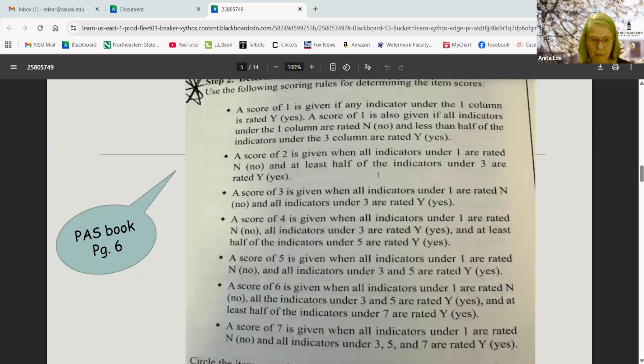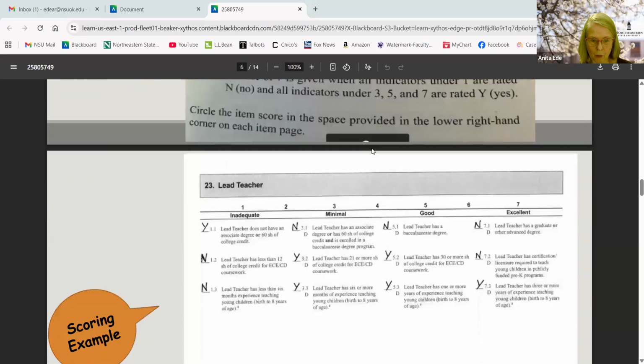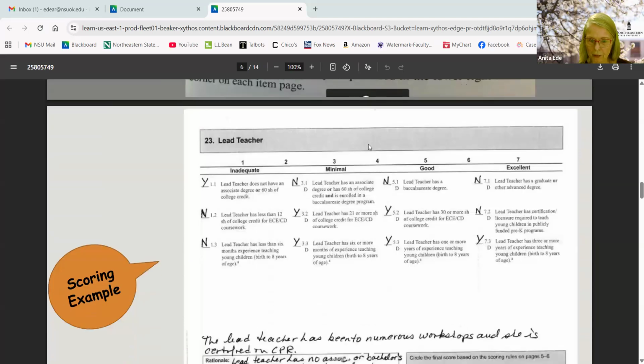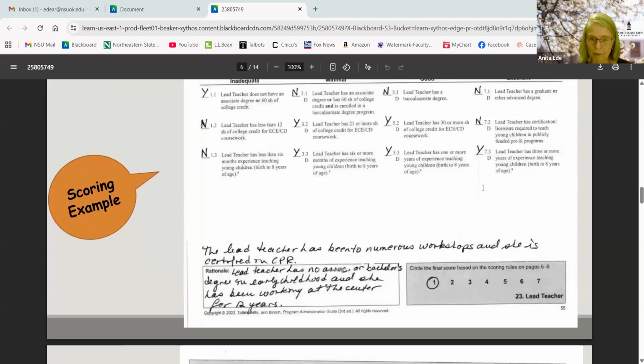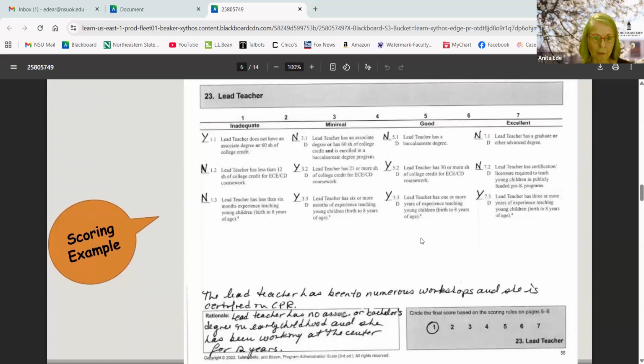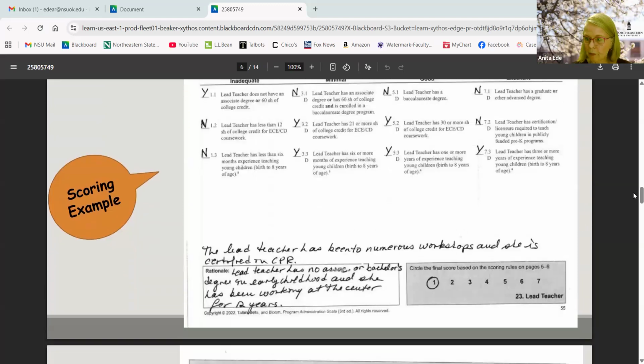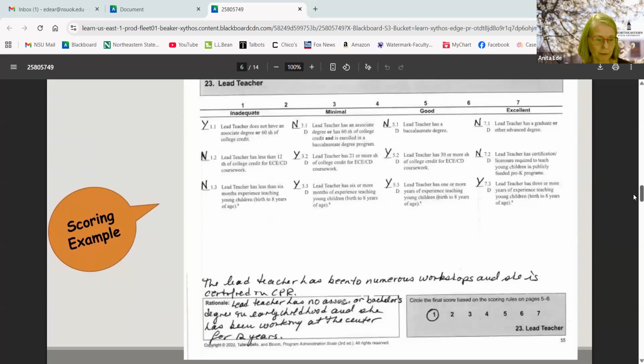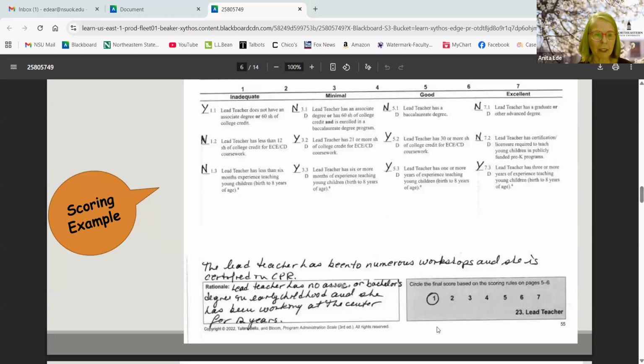And here's the scoring. Okay, here's another example. Pardon my terrible handwriting. Okay, let's take a look at it. You can see what I circled here. Would anyone like to tell me why that's a 1?